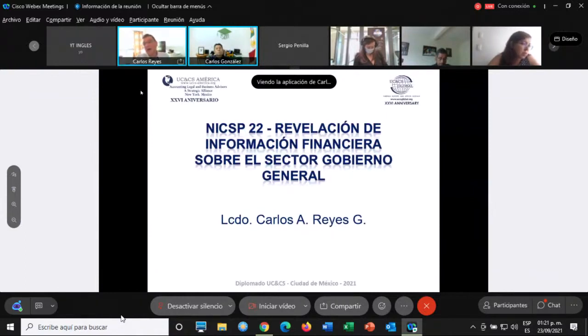That refer to information for those jurisdictions that decide to present information about the government sector. And as we saw yesterday with NICSP in financial statements, according to the public sector, in this case, it only refers to the disclosure of financial information related to the government sector.